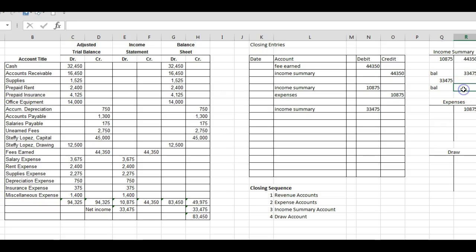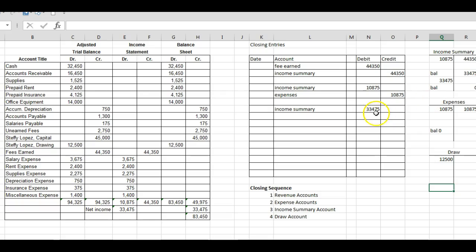So now we have a zero balance in fees, and a zero balance in expenses, because I credited that. It had $10,875. I debited and credited that, so my balance in this one is zero. Now, the only thing I have left is the $33,475 here.